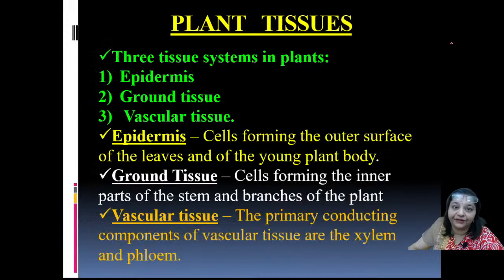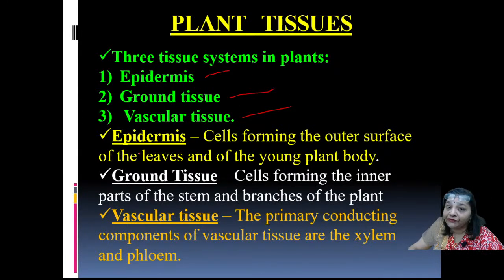Let us see what we learned about the plant tissues in the last session, right? We learned that the plant tissues generally contain three tissue systems. The surface tissue called as epidermis, okay, the ground tissue, and the vascular tissue. These are the three tissue systems which form a plant, which are found in plants.